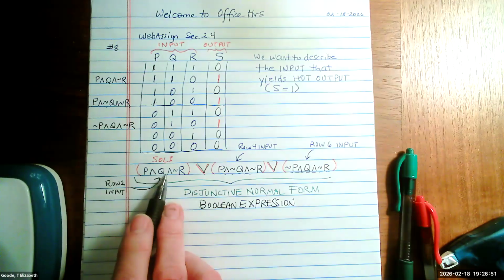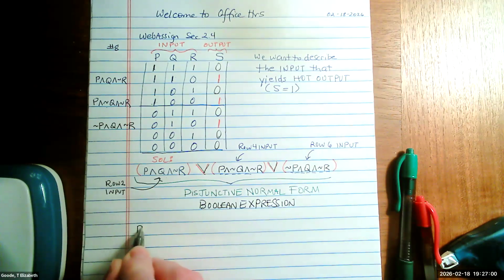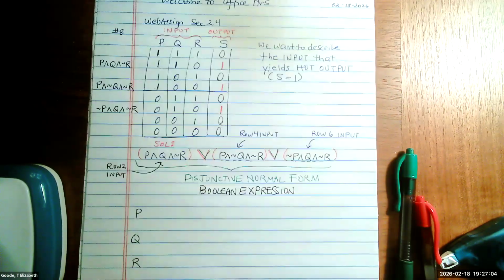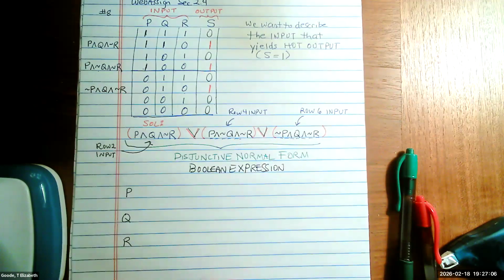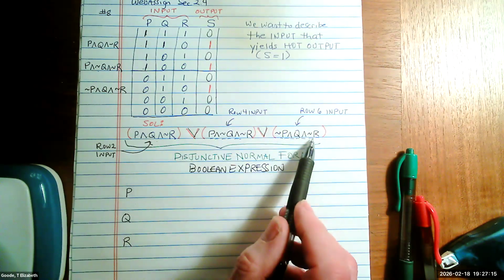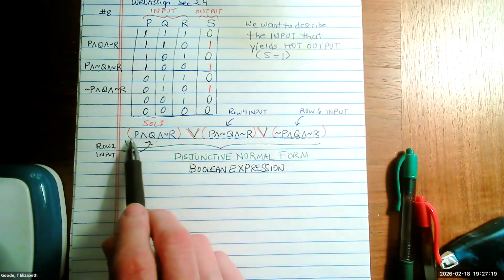We will need 3 input wires, P, Q, and R. Here is P, here is Q, here is R. They are uppercase. And I'm putting a line between them because I know I'm going to need some room. I'm going to just scan these expressions and look and see what I'm going to be building.